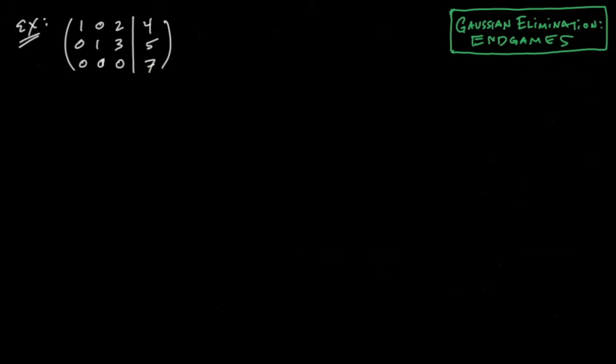Suppose we have a system of 3 linear equations in 3 unknowns, and after doing Gaussian elimination on the corresponding augmented matrix, we boil it down to this form. What can we say about the solutions of the system? Well, this turns out to be very straightforward on account of this bottom row, which corresponds to the equation 0 equals 7.